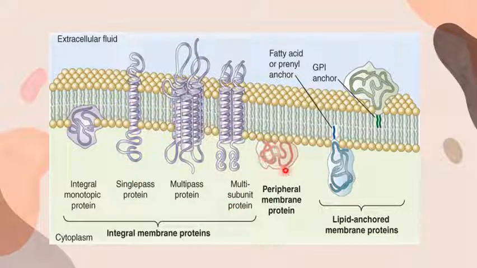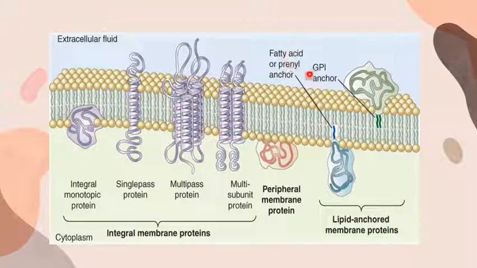We have a peripheral membrane protein. It's on one side, and we have lipid anchored membrane proteins, which are anchored by some lipids here. They get integrated within the membrane using these lipids.